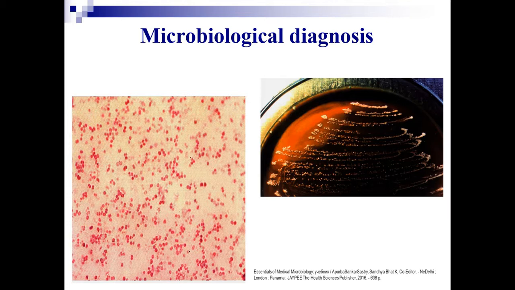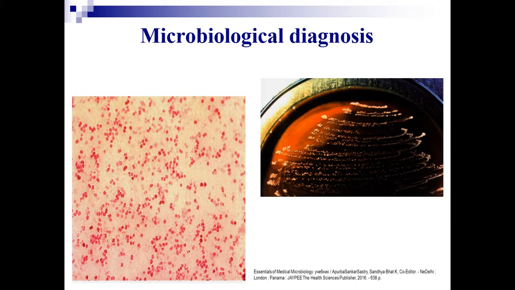The second portion of CSF is directly inoculated onto enriched media such as blood agar and chocolate agar and incubated for 48 hours at 37 degrees Celsius under 10% CO2.